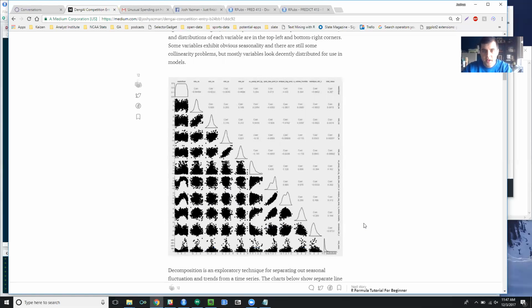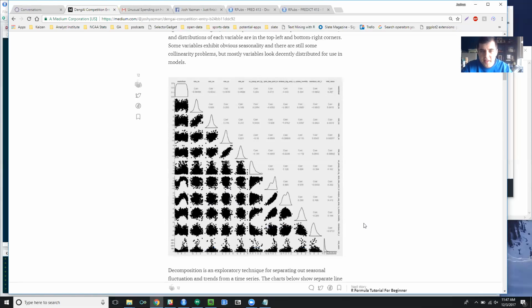For example, I think air temperature is calculated from a local station, and then a reanalysis down the road. In those cases, I collapsed those two variables to only look at the reanalysis ones. And then I plotted the distributions of the remaining variables here.